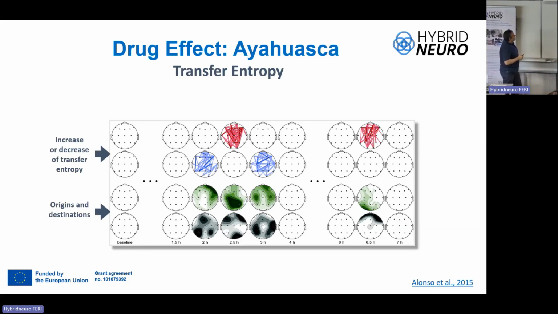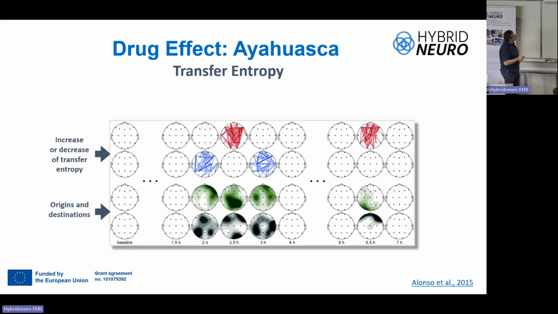So in the transfer entropy, we also observe from the drug administration; we repeated the drug administration. The participants were very, very happy because after several hours, at 4 or 5 hours, there was the second administration here, in order to observe the effects of the second administration.